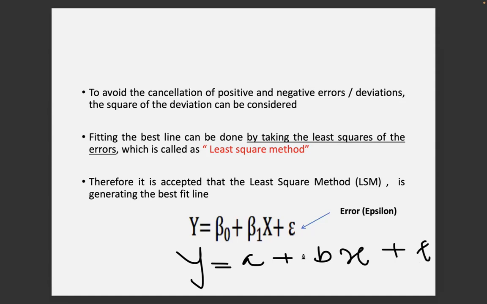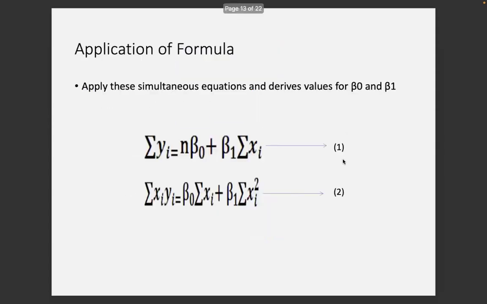We have just renamed the terms as b naught and b1. Is it clear what I'm saying? Yes. Okay.